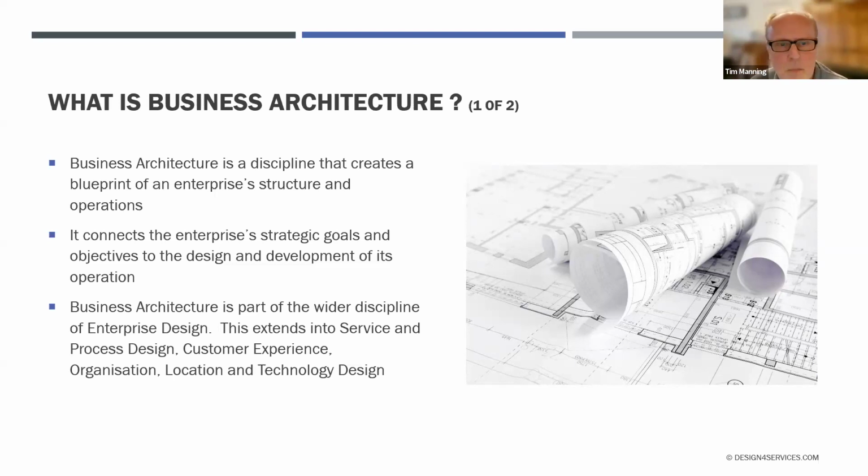I'm going to focus quite a bit on business architecture side of things, but I will also touch on service design, process design, in terms of my application of systems thinking.